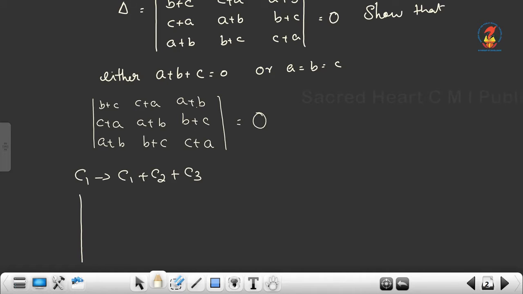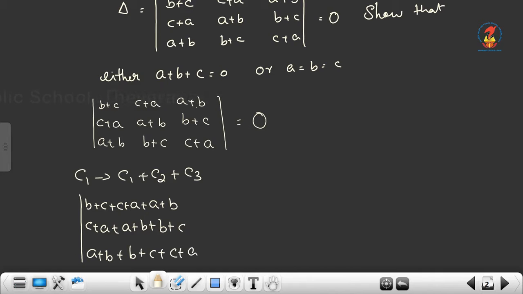The addition is like this: b plus c plus c plus a plus a plus b. That way you have to add c plus a plus a plus b plus b plus c, then a plus b plus b plus c plus c plus a. The next column is c plus a, a plus b, b plus c, b plus c, c plus a.